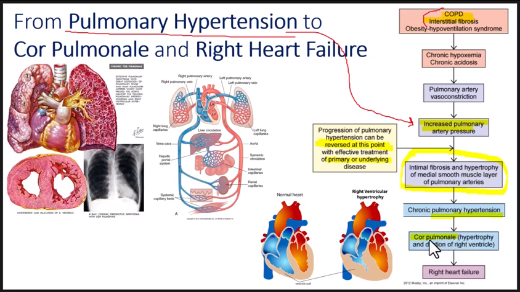And so this is where the term cor pulmonale, we can say, means heart disease caused by lung disease. In other words, the lung disease being, let's say, COPD or some scarring or whatever the case may be, over time eventually causes heart disease. And that heart disease, more specifically, is called right heart failure.